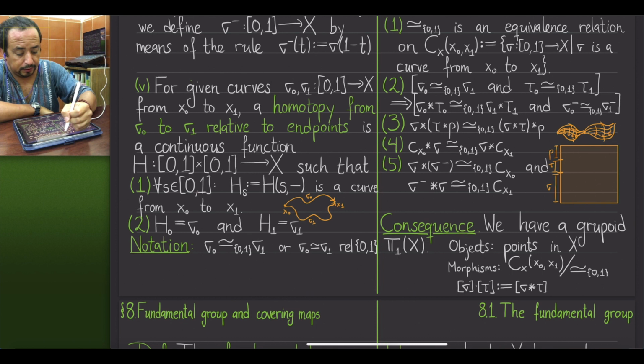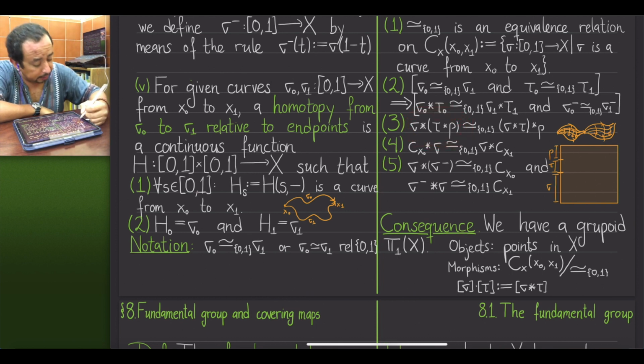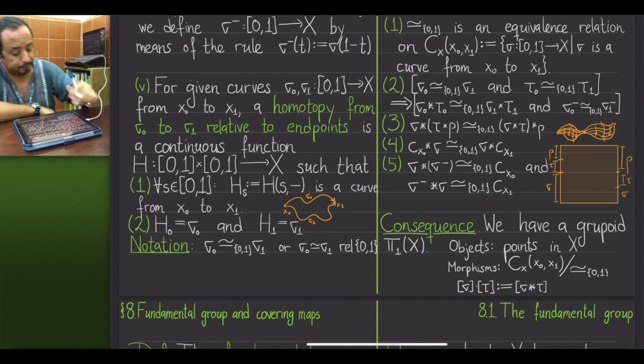On the right, or if you will, the last curve, here is rho, here is tau, and here is sigma.